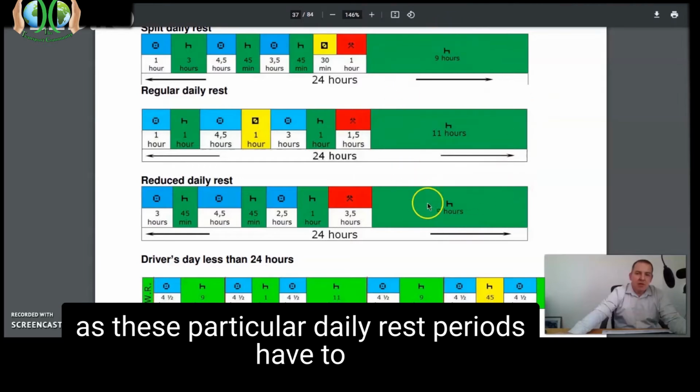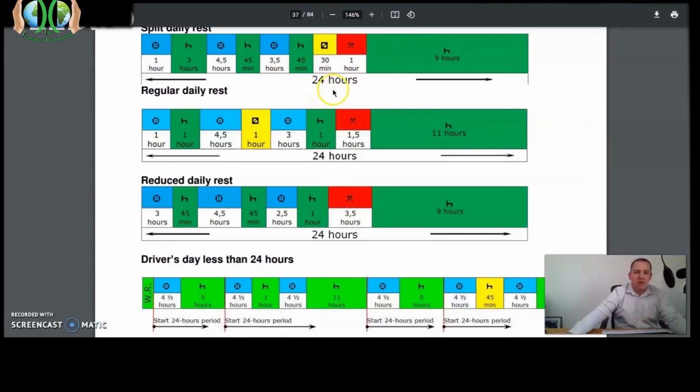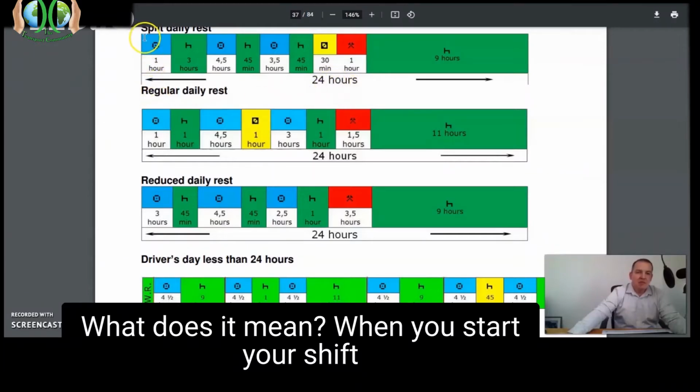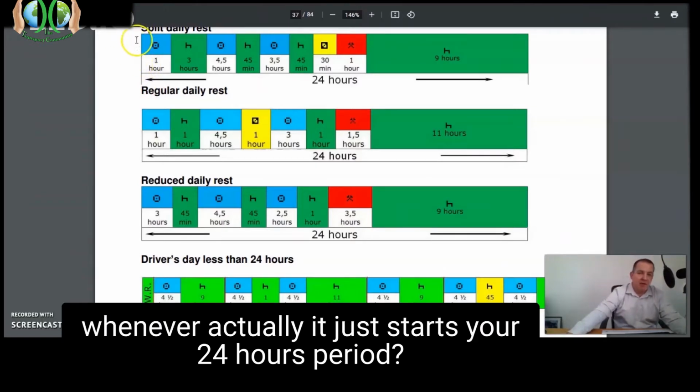These particular daily rest periods have to be within your 24 hours period. What does it mean? When you start your shift somewhere here at the beginning of the day, or whenever actually, it just starts your 24 hours period.